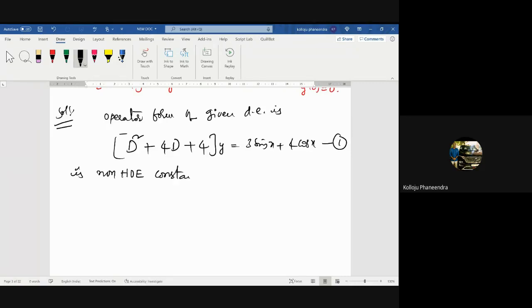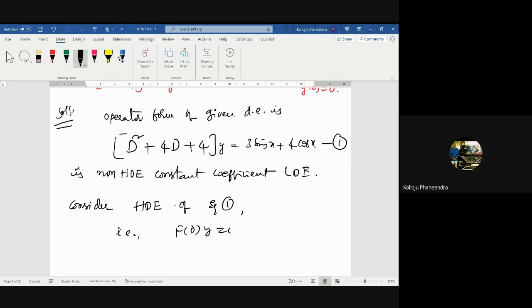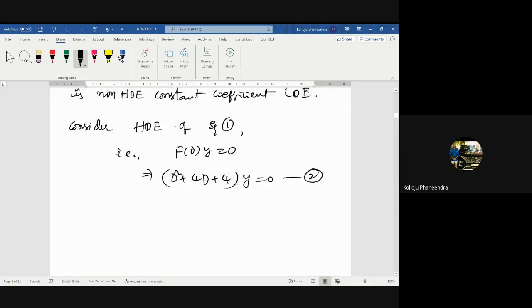I will not write this from the next problem onwards. Now, consider the homogeneous differential equation of equation 1, that is f of d into y equal to 0, that is d square plus 4d plus 4 into y equal to 0, equation 2.